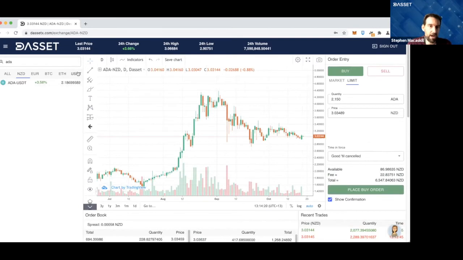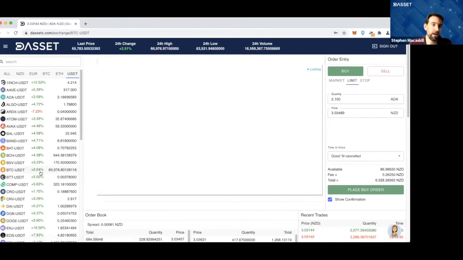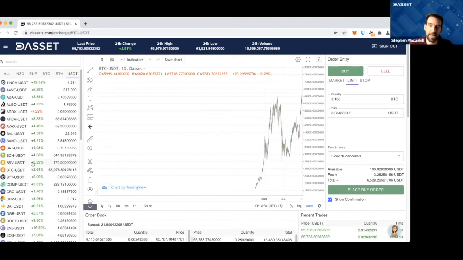So now let's go to even more advanced orders, and that is stop orders. This is where people are able to take the emotion out of trading because they've already determined what they want to do before the trade. They know their entry and exit points, and they've removed the emotion.